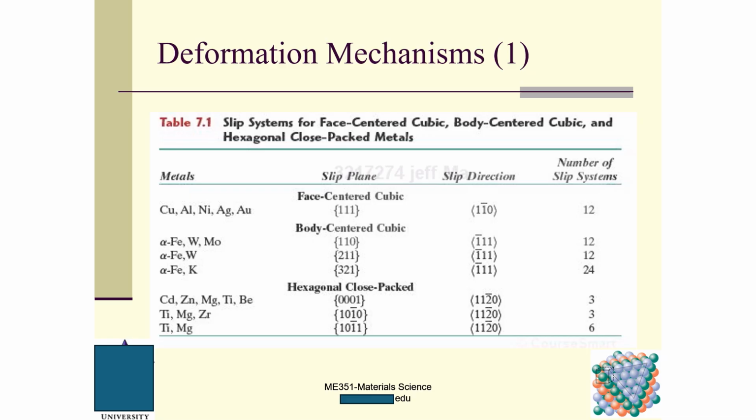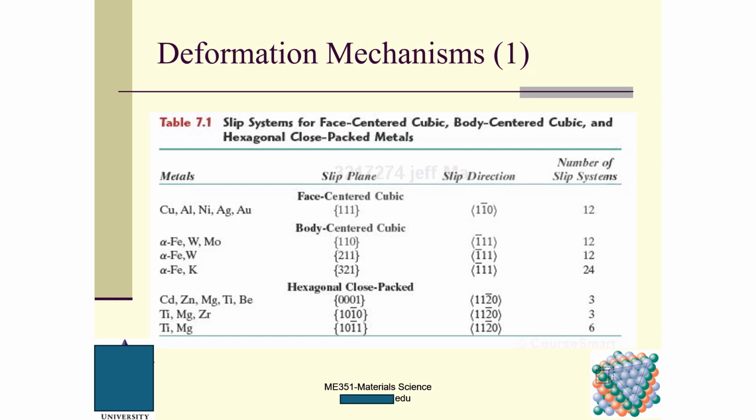So here is the deformation mechanisms table. This table shows the slip systems for face-centered cubic (FCC) and body-centered cubic (BCC), along with hexagonal close-packed metals (HCP). We can see three groups of metals.